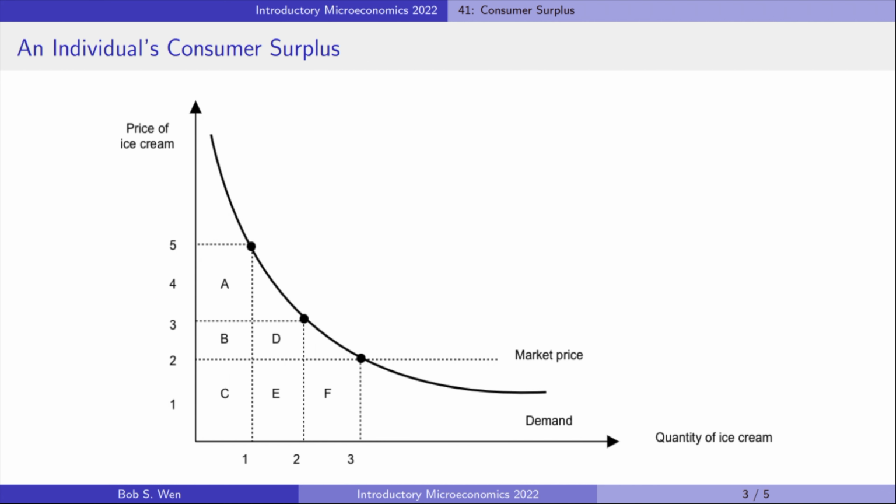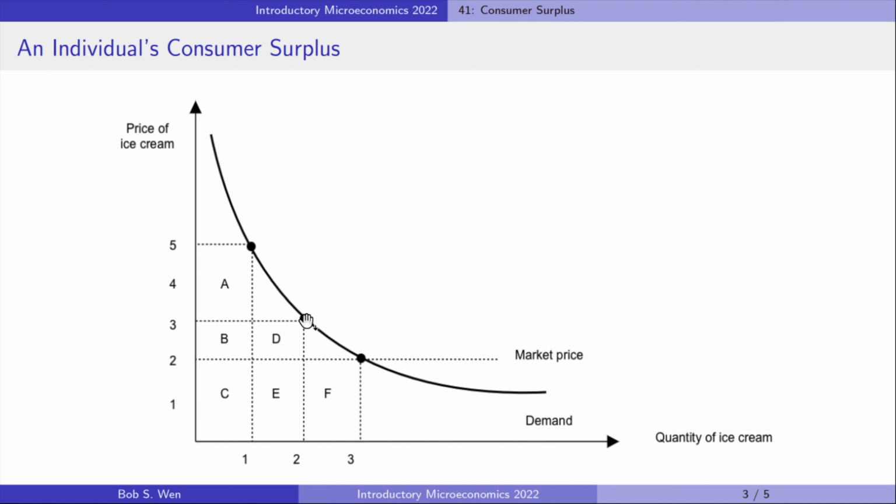In this example, the consumer is willing to purchase the first ice cream cone at the price of $5 per ice cream cone. Her willingness to pay for the first ice cream cone is the area of A plus B plus C equals $5.